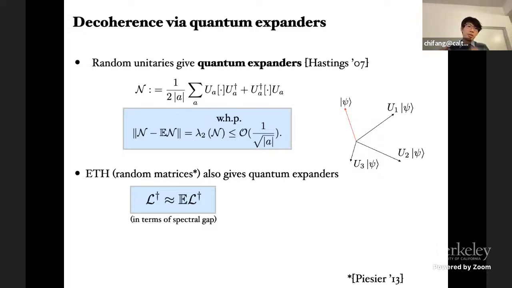He said, let me construct a quantum channel by summing over a bunch of random unitaries. And then he proved that this is indeed a very good expander in the sense that it has a large spectral gap. The second eigenvalue is very, very small. If you apply this channel many times, it very quickly shrinks to the maximally mixed state. As a quantum expander, it decoheres any input state.